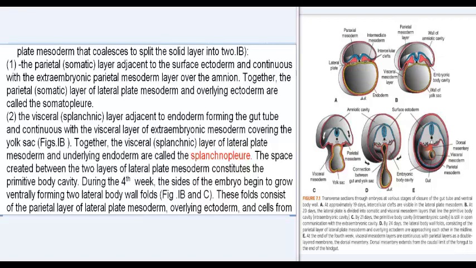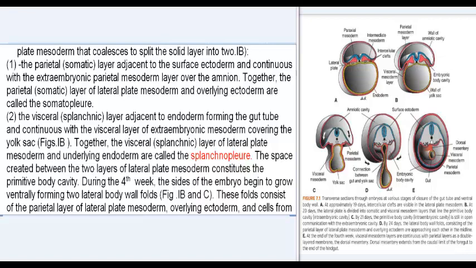The visceral, splanchnic, layer adjacent to endoderm forming the gut tube and continuous with the visceral layer of extraembryonic mesoderm covering the yolk sac, Fig. 1b. Together, the visceral, splanchnic, layer of lateral plate mesoderm and underlying endoderm are called the splanchnopleure. The space created between the two layers of lateral plate mesoderm constitutes the primitive body cavity.